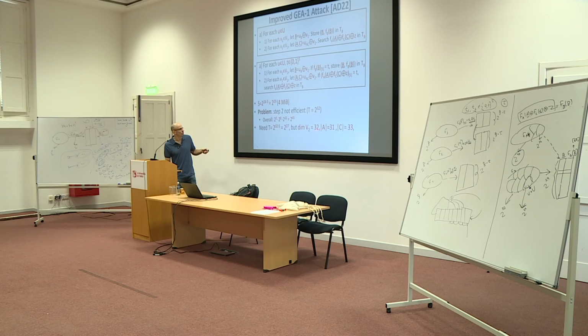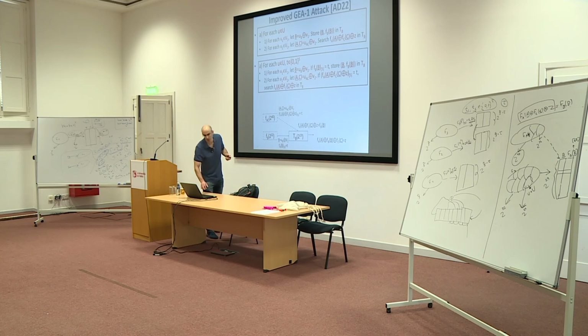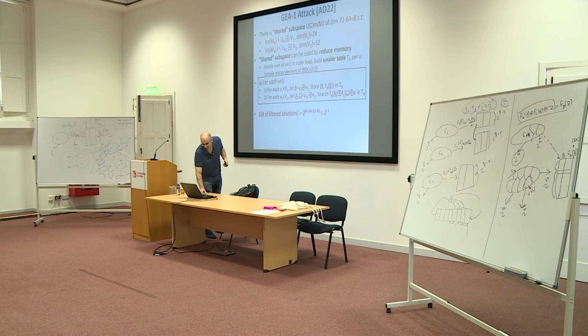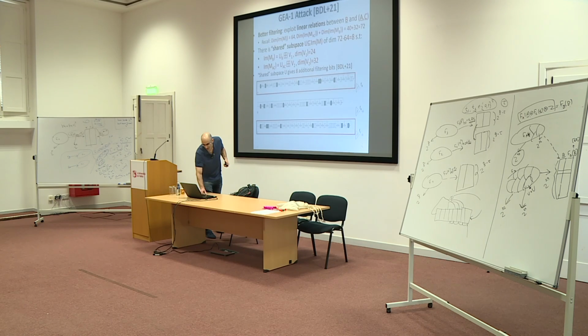is 32. Another thing that you may want to do is to go back to the state of GEA1, and maybe you can somehow cleverly iterate over V2 by decomposing it into its projection on A and projection on C, and maybe you can do something clever here.